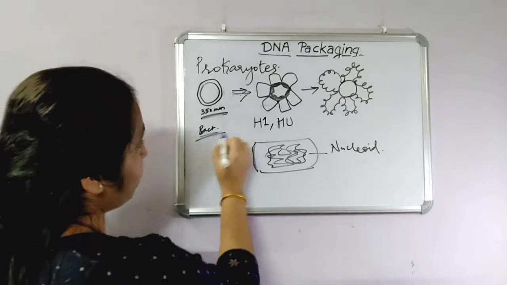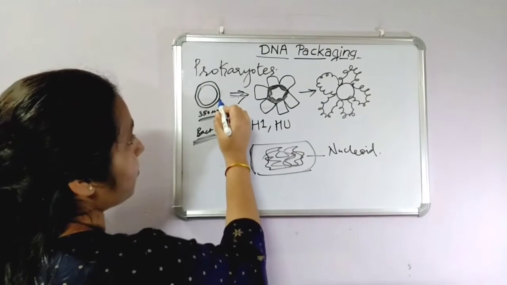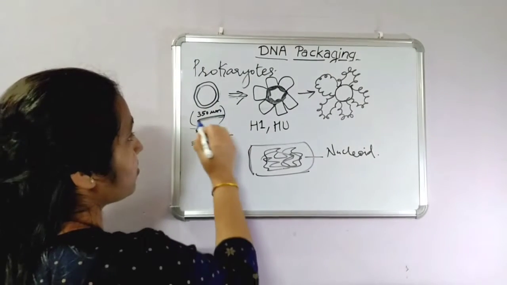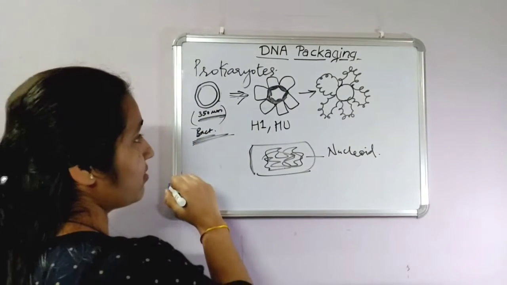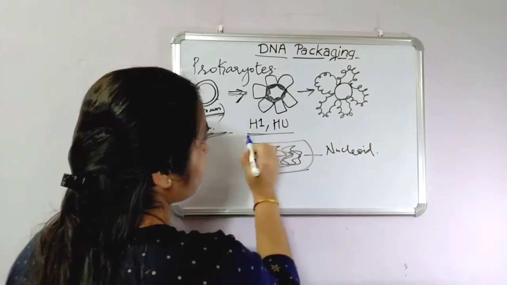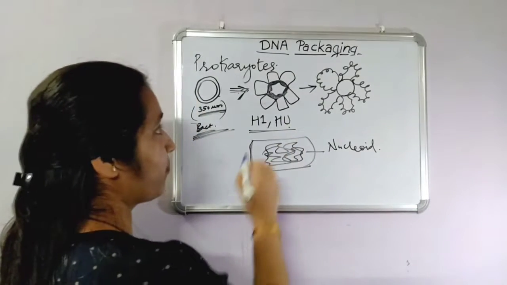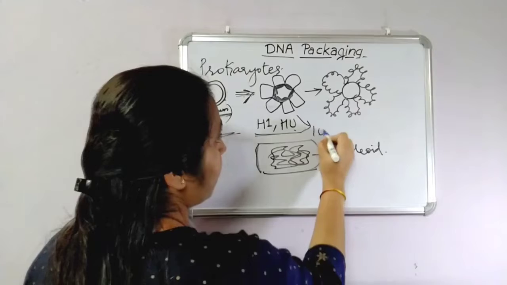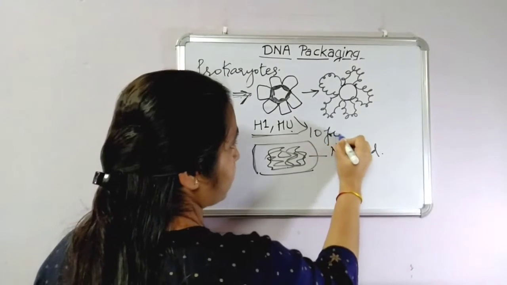For example, if we take bacteria, this is the double-stranded DNA of some bacteria, and suppose it is around 350 micrometers. It is condensed with specialized proteins like H1 and HU to form a looped structure, and this will give around a 10-fold compaction.